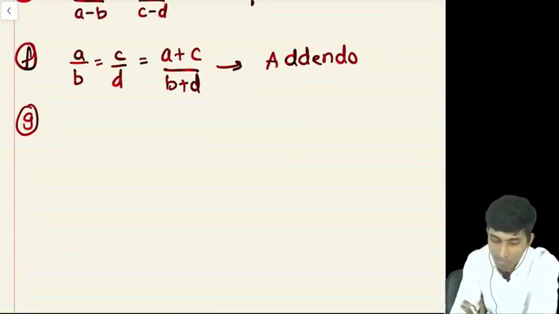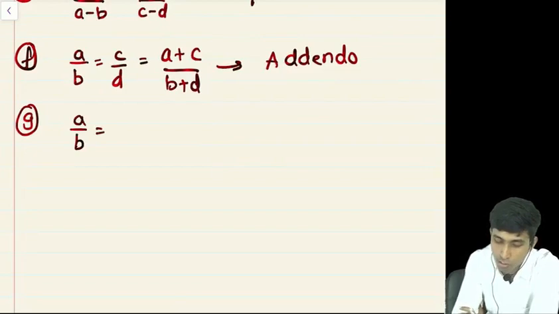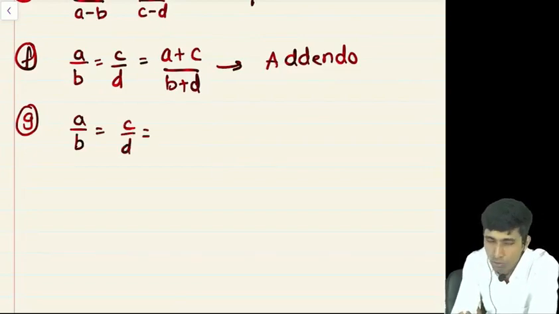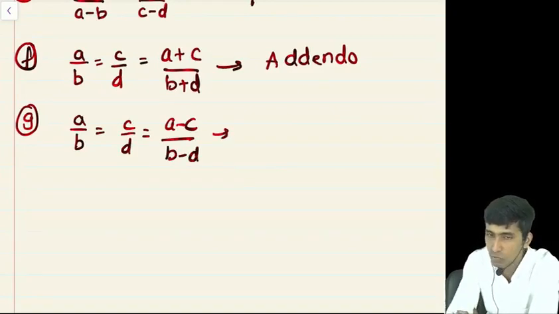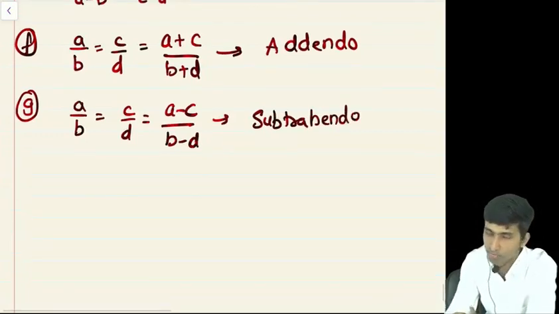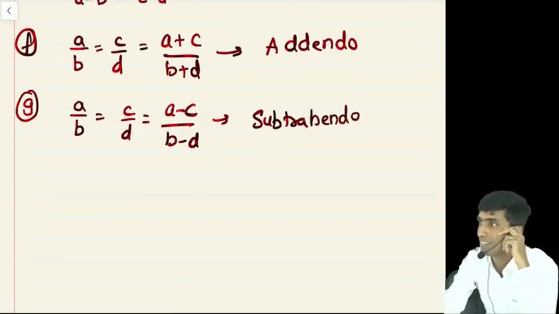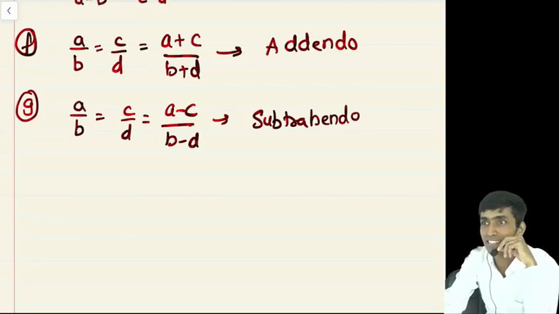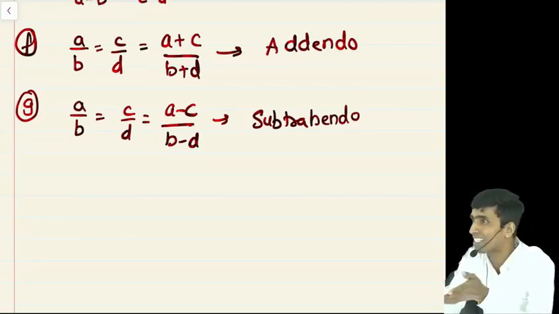These are properties. A by B is equals to C by D. Can I do it like this? A minus C upon B minus D. This is subtrahendo, because we subtracted. If you add, addendo.